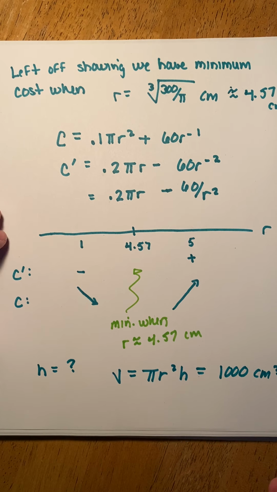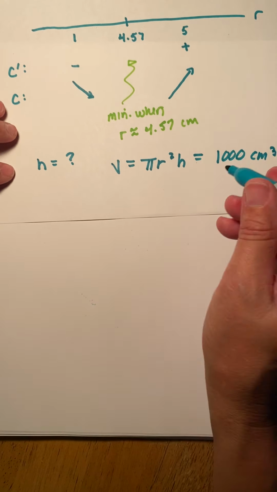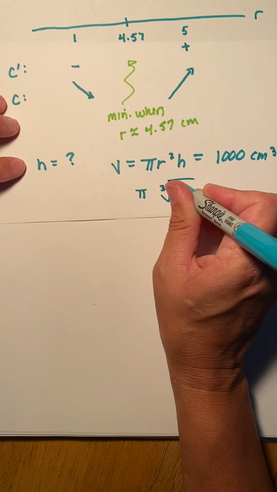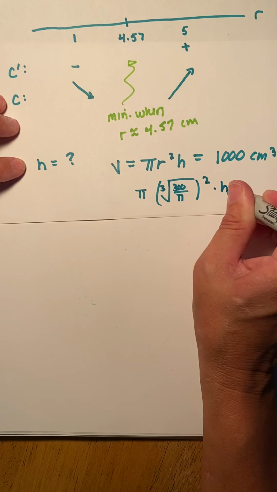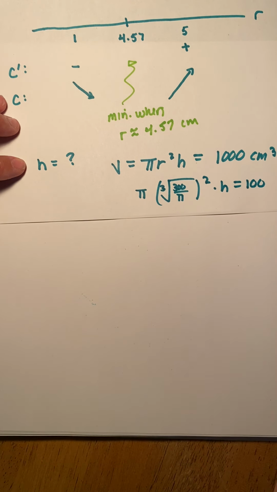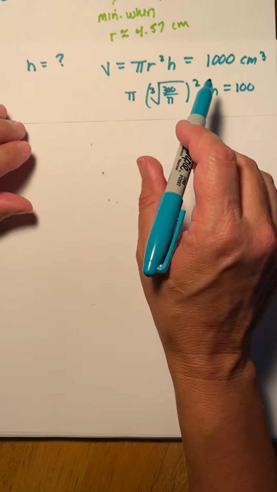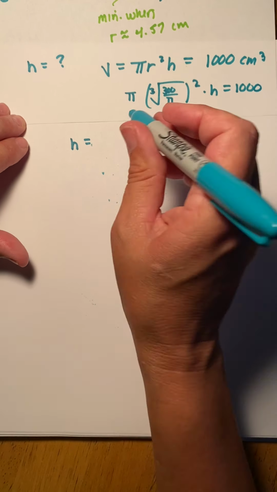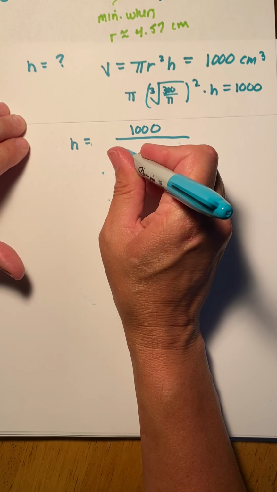So we know r, so now we can find the value of h. If we wanted to find the exact value, we'd have pi times the cube root of 300 over pi, squared, times h equals 1,000. We're going to solve for h by dividing both sides by this whole mess, and we get h is equal to, whoops, I lost a 0, don't lose a 0, 1,000 all over pi.